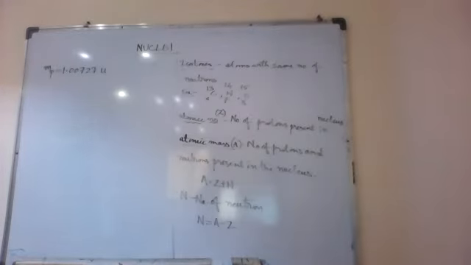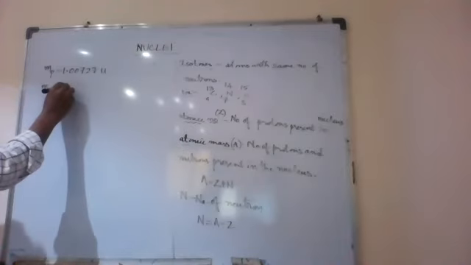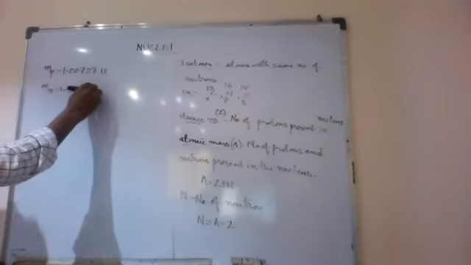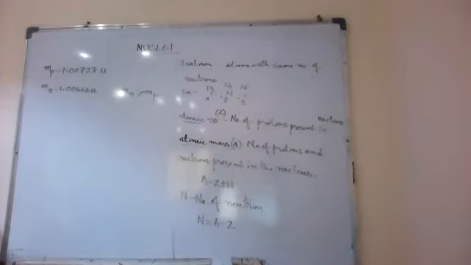Similarly, mass of neutron is 1.00866 u. You already know that mass of neutron is greater than mass of proton. That we already know.